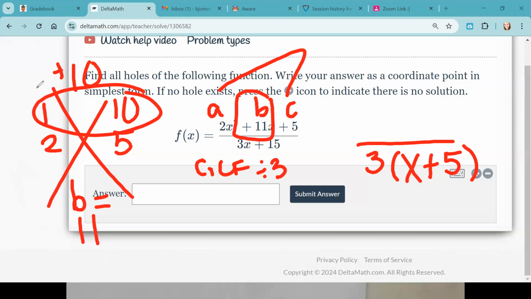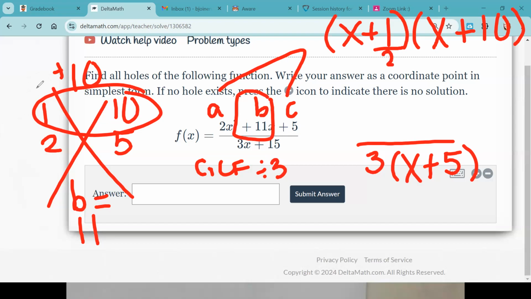Now I want a positive 11, so I'm going to keep them both positive. So my factors are X plus 1 and X plus 10. If my A is a 1, I'm done. Is my A a 1? What is it? 2. Then I need to divide and slide with 2. So can 1 divide by 2?